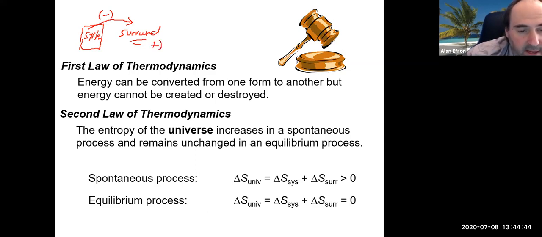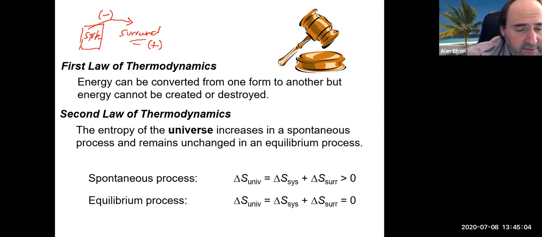It would just be positive in terms of the surroundings. So if the system lost 40 joules of energy, it would be negative 40 for the system, but the surroundings then would pick up 40 joules of energy. That would be a positive number because it would be endothermic for them.